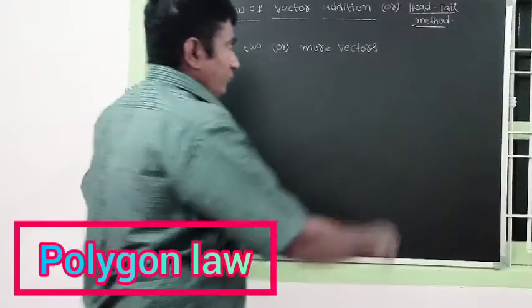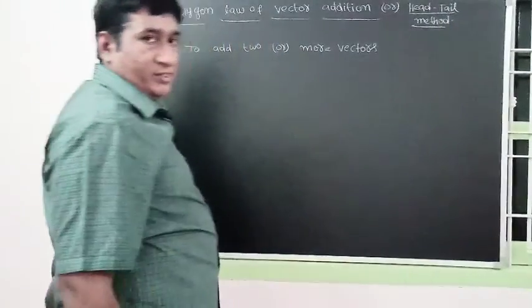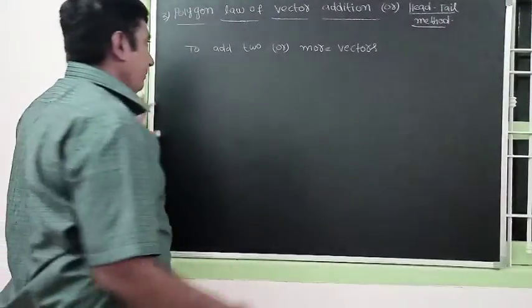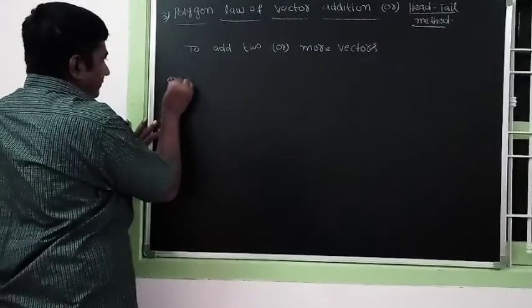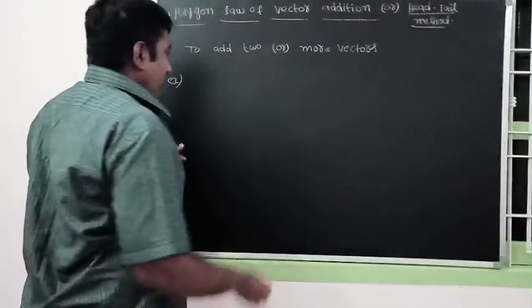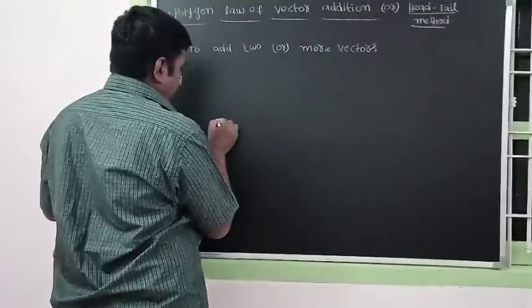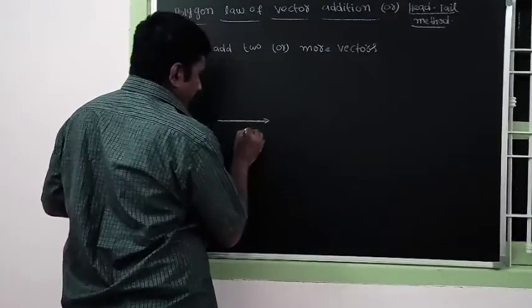Another name for this is the head-tail method. So how can we add this? For example, here I am taking this as an A vector.